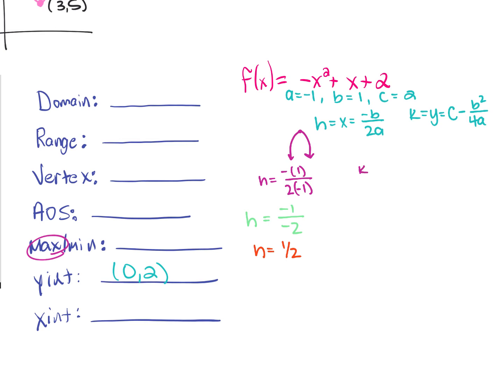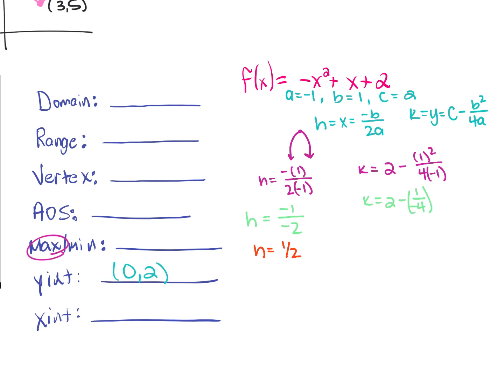Your k, you're going to find that by using your c minus b squared over 4 times a. We said c was 2, minus b squared is going to be 1 squared, over 4 times a, which is negative 1. So from here, this is going to give us k is equal to 2 minus 1 over negative 4.